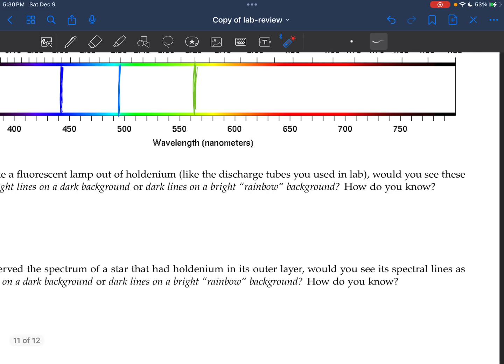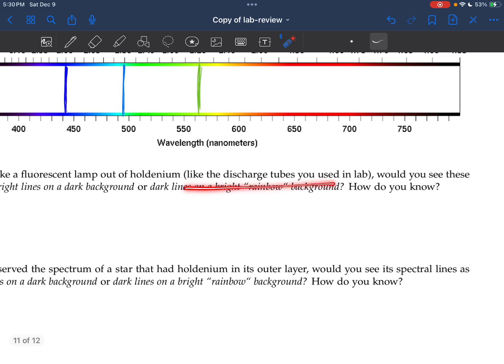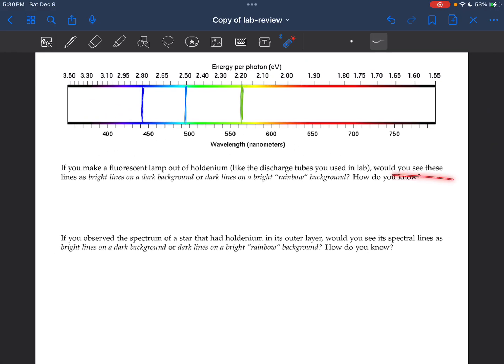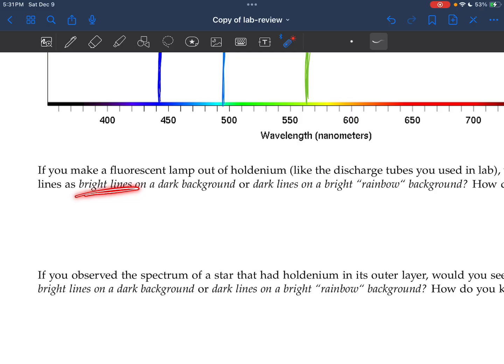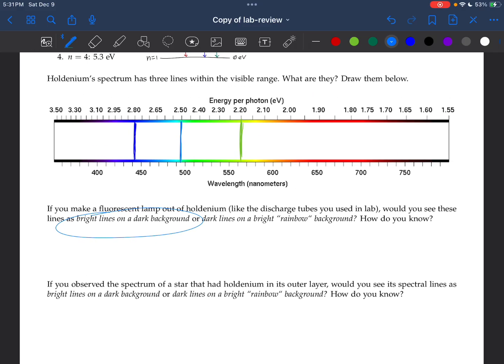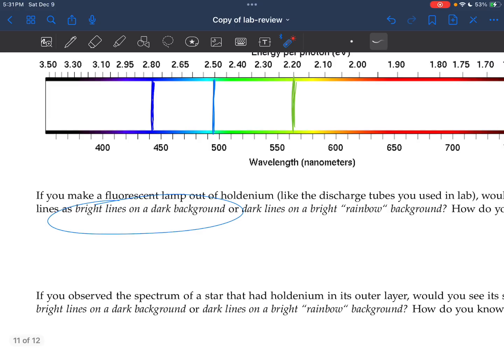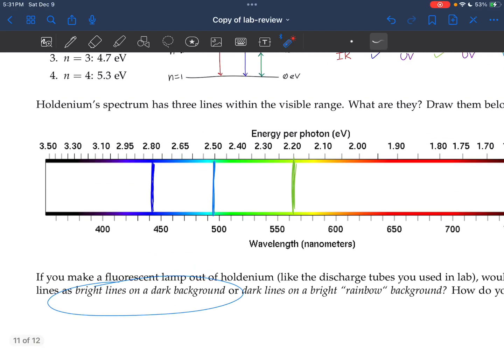When we looked at the lights in the ceiling, we saw the lines just like the discharge tubes. Well, what we saw, it's asking what we would see it as. What we saw was bright lines on a dark background. I can circle that: bright lines on a dark background. The way I like to think about that is we are not going to see light unless it's coming from somewhere, right?